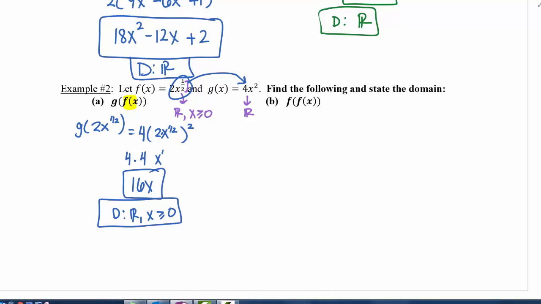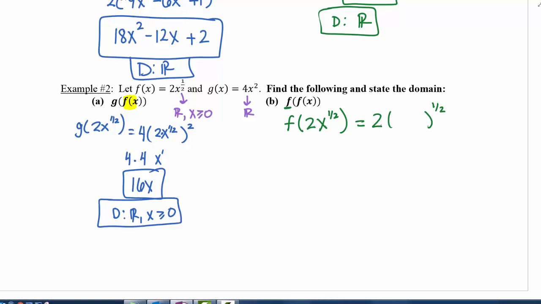Okay, so here I have f of f of x. So now I'm doing f of 2x to the 1 half. So the outside function, I usually write this one down with just parentheses, 2x to the 1 half. So let's think about this for a second.